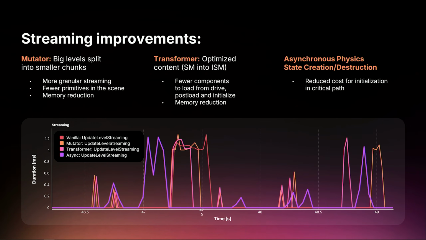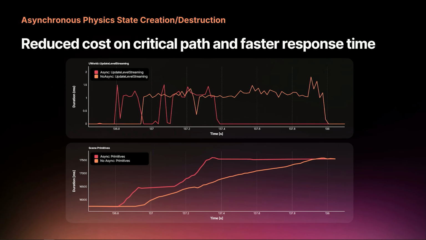And we're going back to performance of our market bit. We have made performance optimization on adding and removing bodies from the physical scene, but the main gain comes from moving heavy physical creation and destruction from the critical path to the worker thread. This means that as long as you have spare cycles on your worker thread, you're going to see significant improvement in streaming.